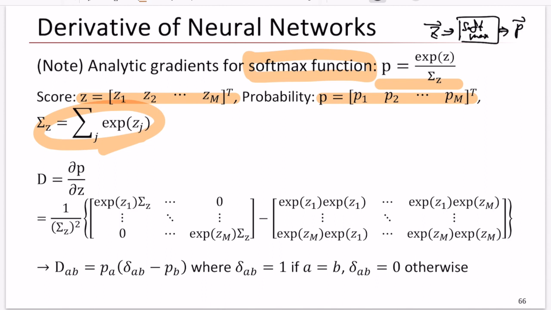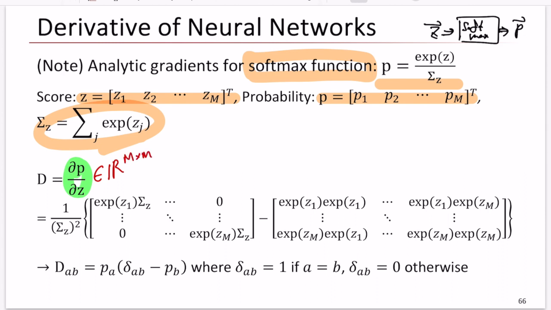In this case, we are interested in P over G. First of all, P is an n by 1 vector, and G was an n by 1 vector. Then, what is the size of P over G, the gradient of P with respect to G? It's going to be n by m.